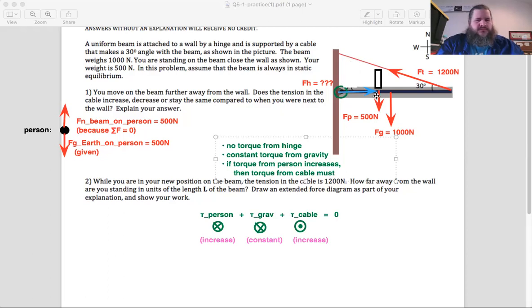It doesn't really give us any specific lengths here. It just says we're treating the length of the beam as L, capital L. So the full length of the beam is L. Let me actually mark that separately.